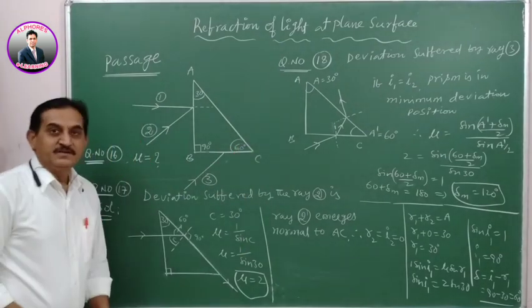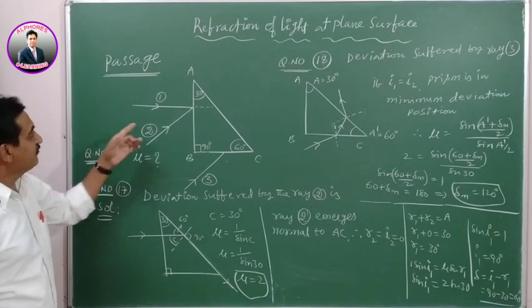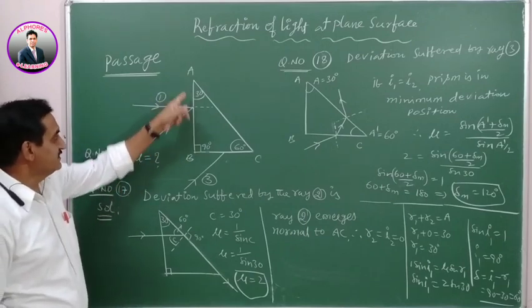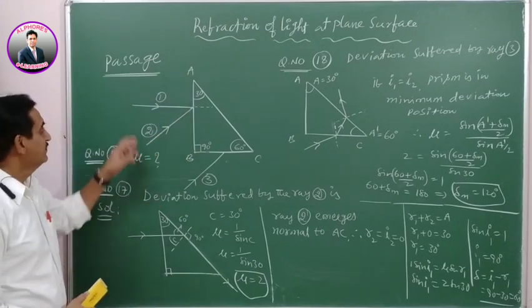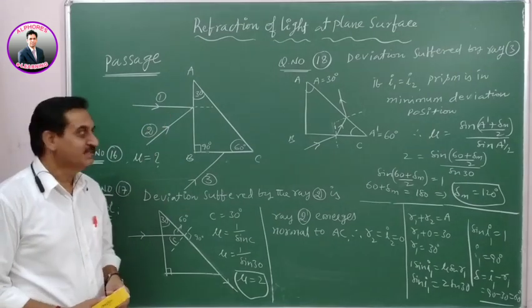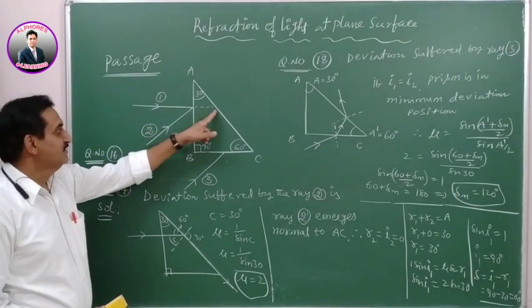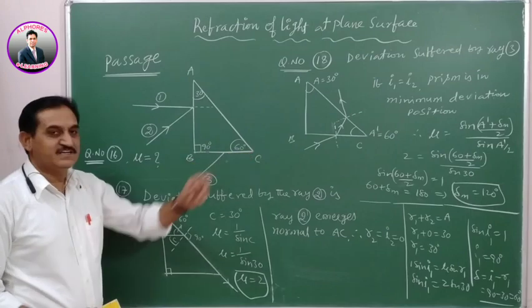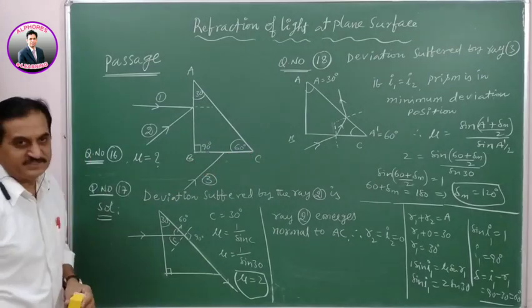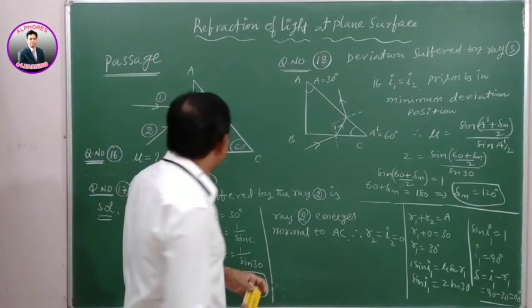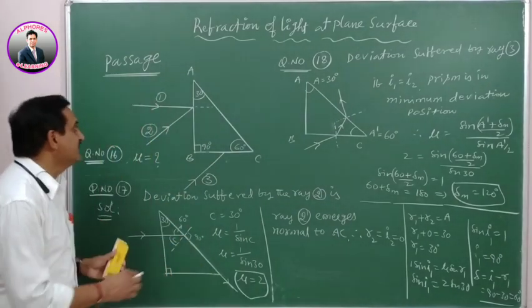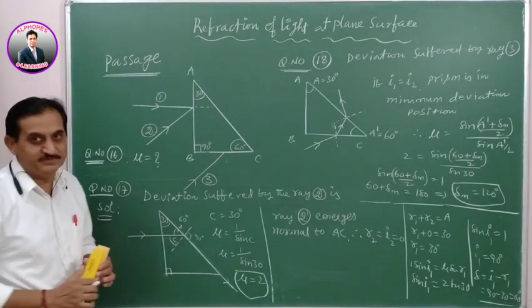Now a ray of light is incident on the side AB, normal to it, and which undergoes TIR at the surface AC. And a second ray is incident on it as shown in the diagram.